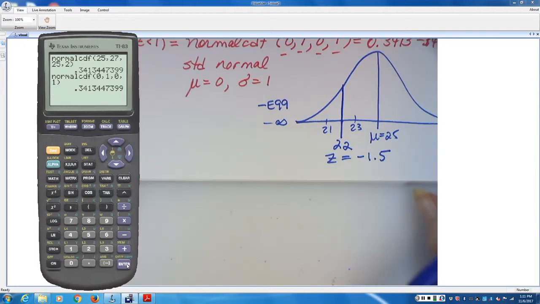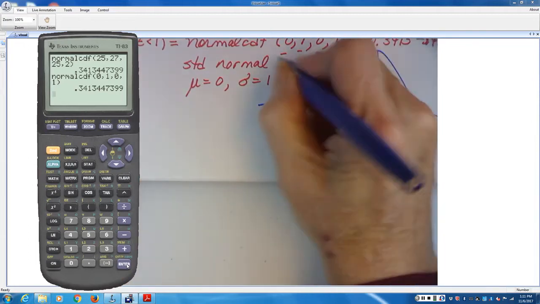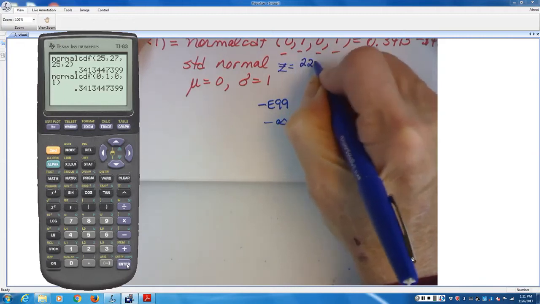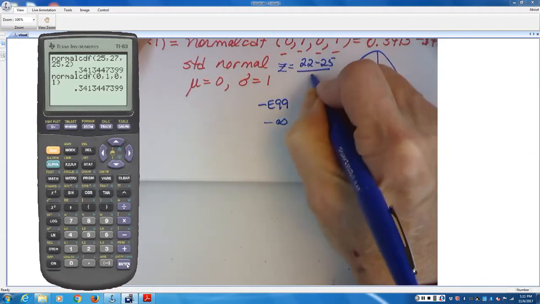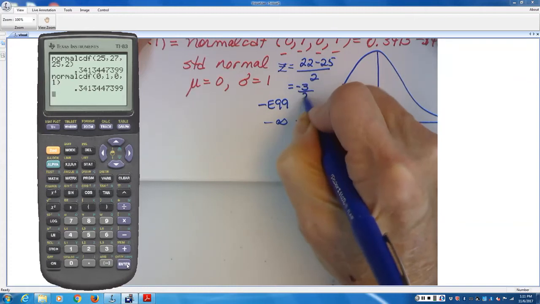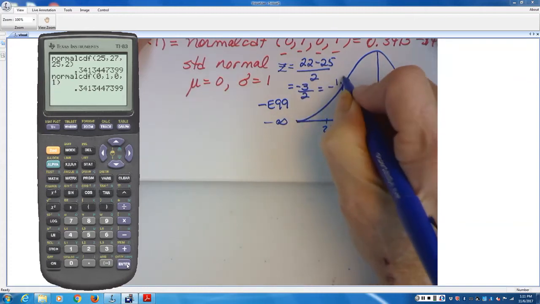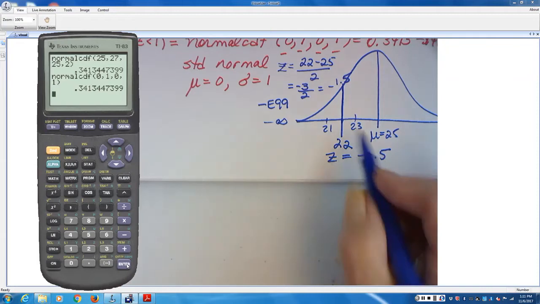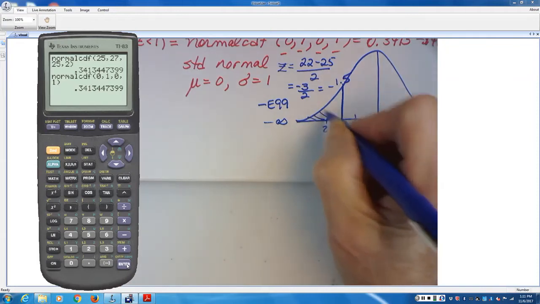You could calculate it if you wanted to using that formula. So the probability we're looking for here is this area right here.